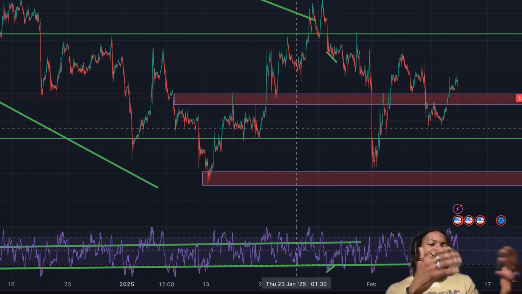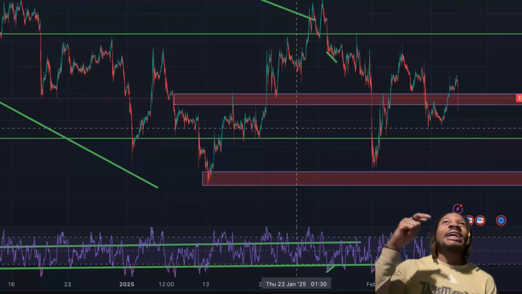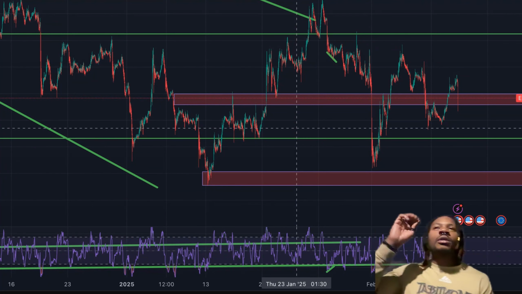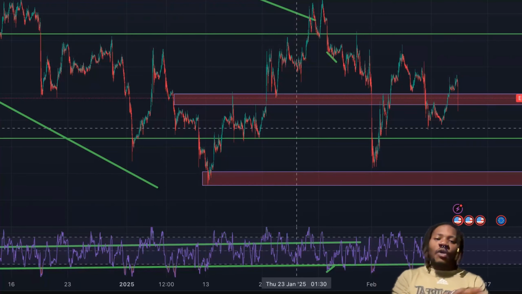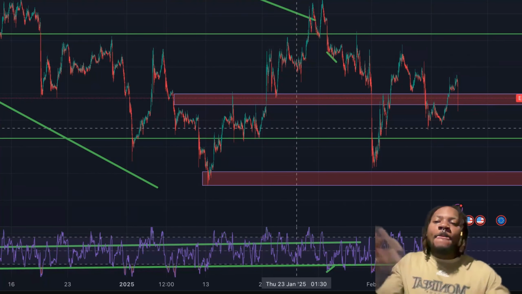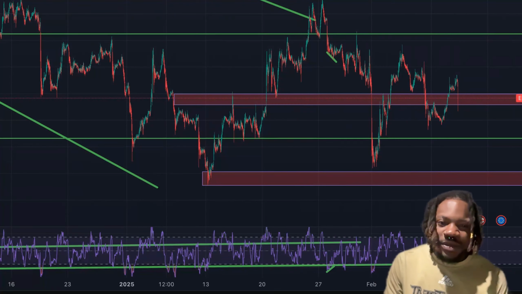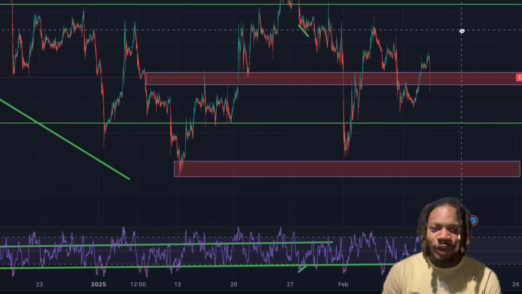Like if you're buying Bitcoin right now, then it stands to reason you should be buying Ethereum in a couple of hours or maybe the next day. Granted, you don't have to buy Ethereum just because you're buying Bitcoin, but if you want to trade correlating things, that's how it would go. You know what I'm saying? Excuse me.